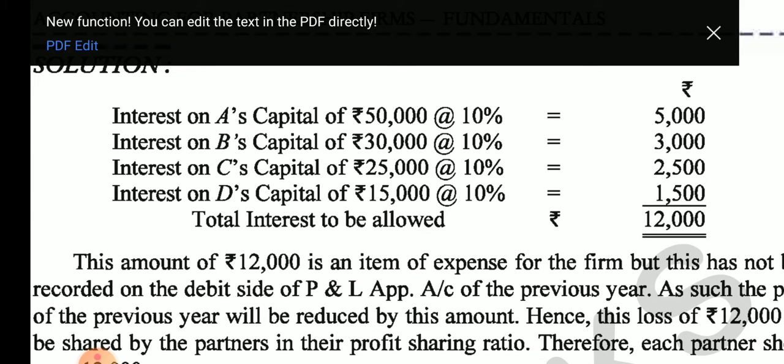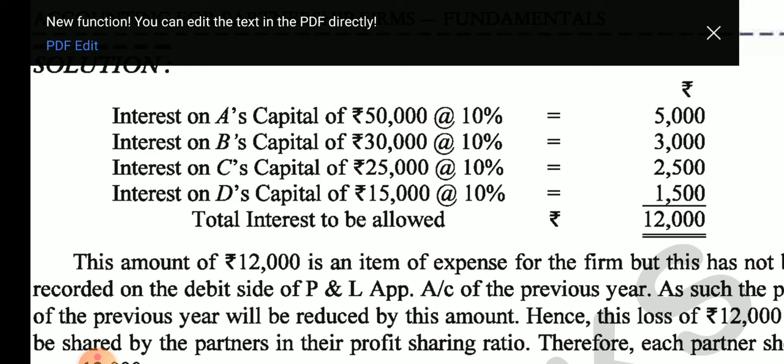For example, if the profit is 20,000 but interest on capital is 8,000, the problem is with the 8,000, because the rest, 12,000, is distributed among the partners in their profit sharing ratio. But the 8,000 of interest on capital should be distributed in the ratio of interest on capital. That is the problem.